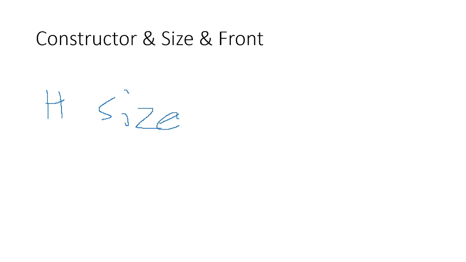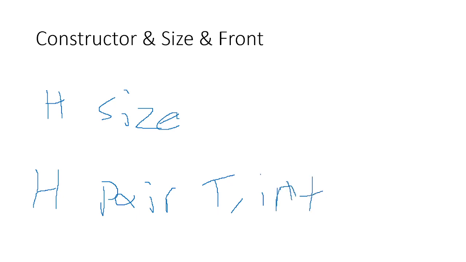Now, front is also a simple function. What you have to keep in mind about this h is that it has a pair. The type of data input that it has is a pair, so it has t and int, where int is the priority, and front is basically telling us that we want to return an item, the very front item.